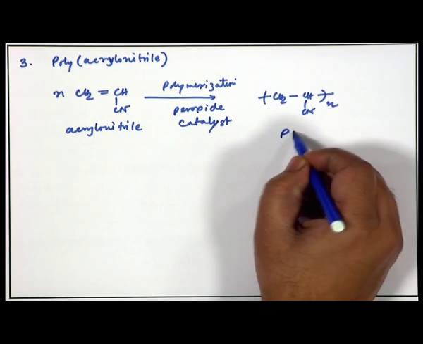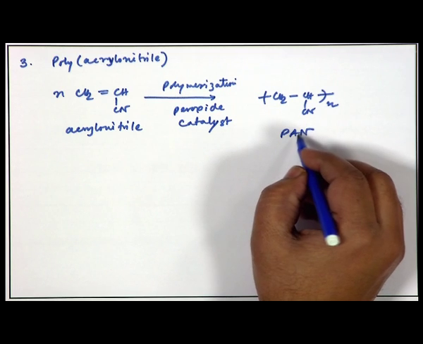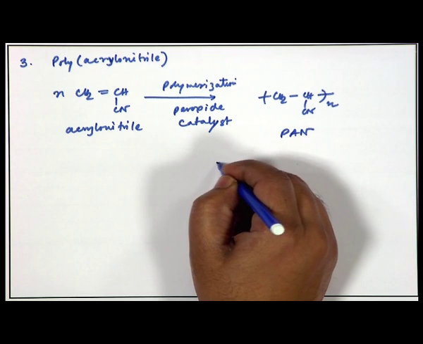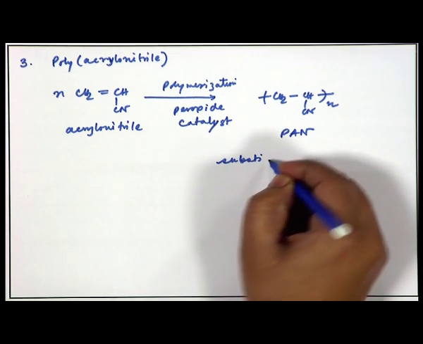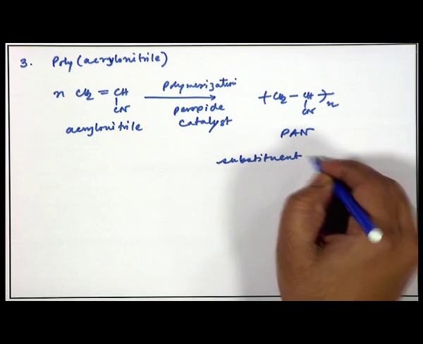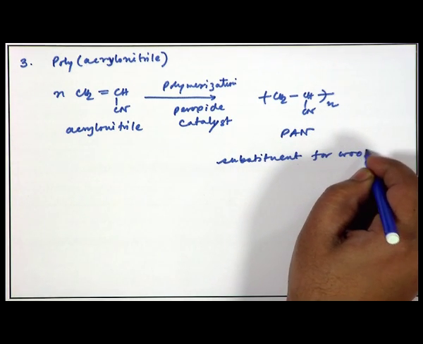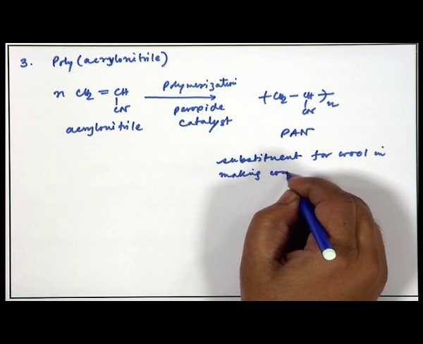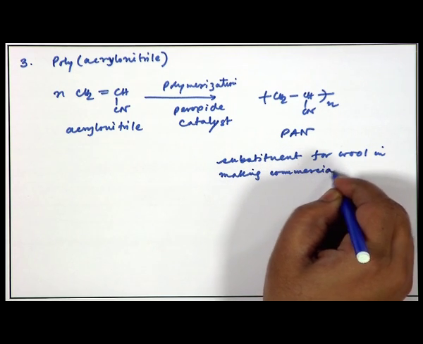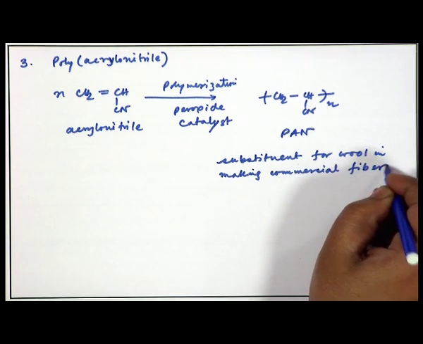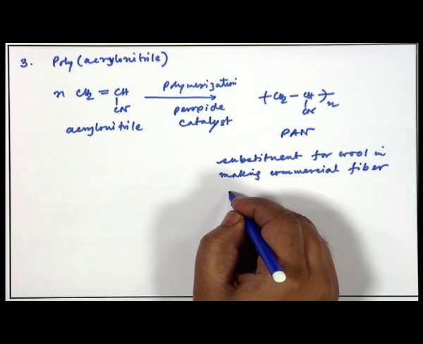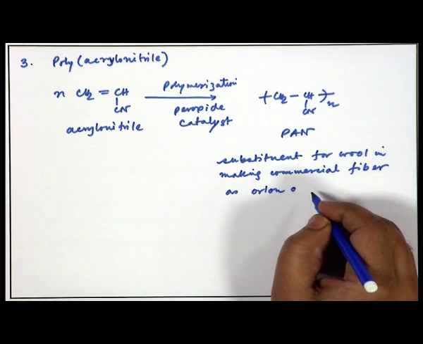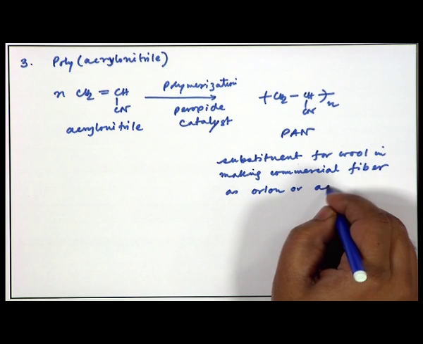So polyacrylonitrile we can sometimes write as PAN. It is used as a substitute for wool in making commercial fiber, known as Orlon or acrylic.